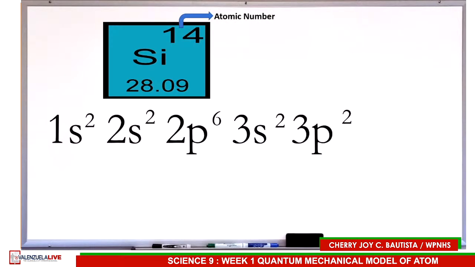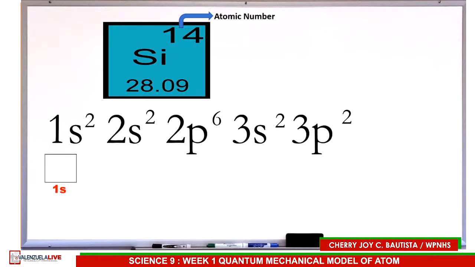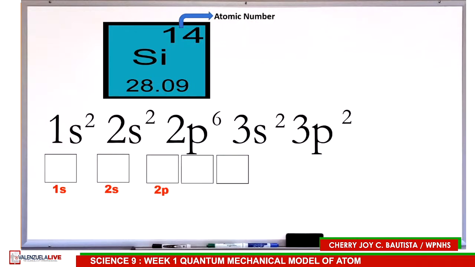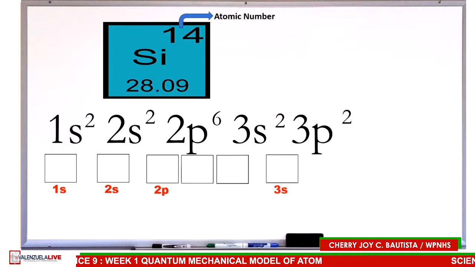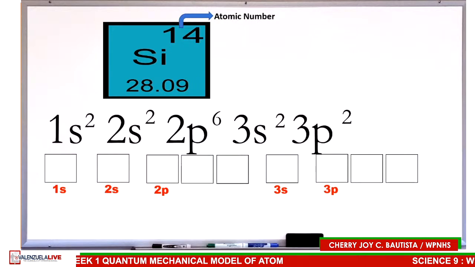Again, s has one orbital, so we have one orbital here. Another orbital for 2s2, then 3 orbitals for 2p6. One orbital for 3s2, and 3 orbitals for 3p2. Then, let's write the arrows.